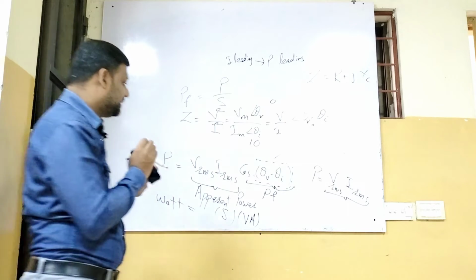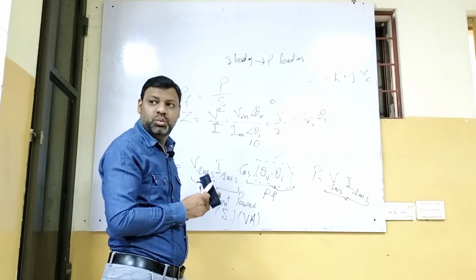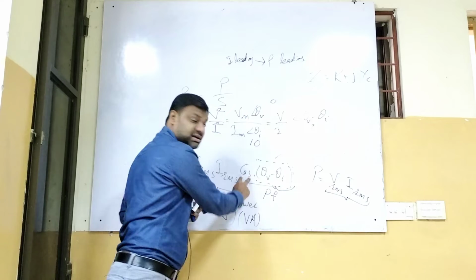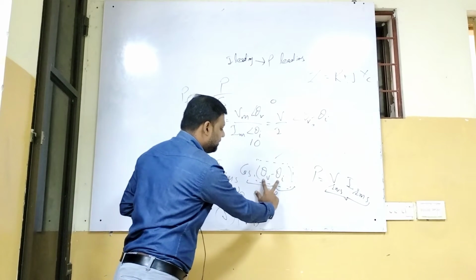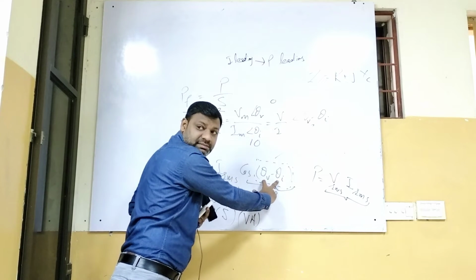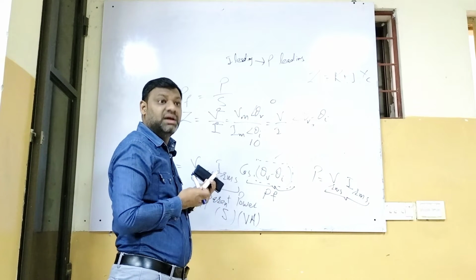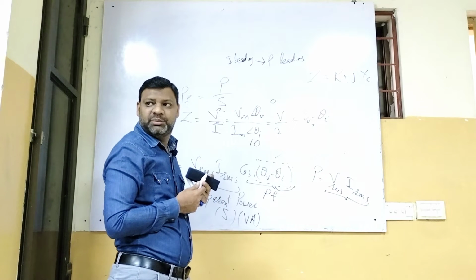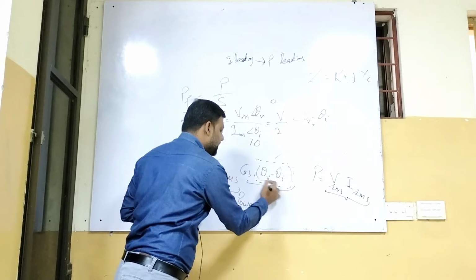Ideally power factor ranges from 0 to 1 because cosine ranges from 0 to 1. If both of the phases are the same, cosine of 0 is 1. For which component? Resistor. Very good.